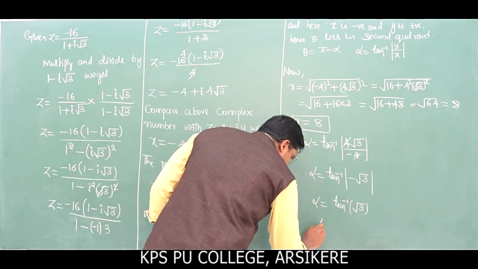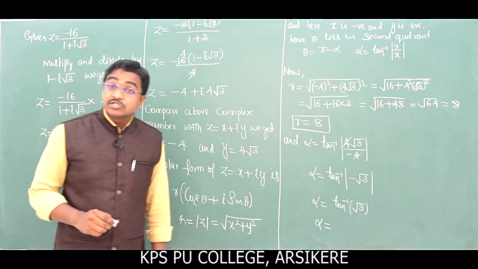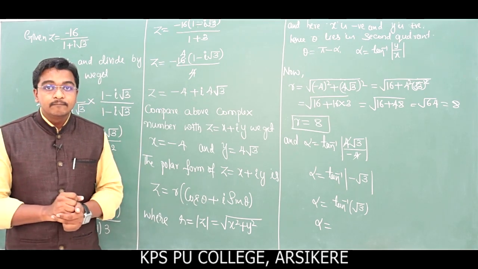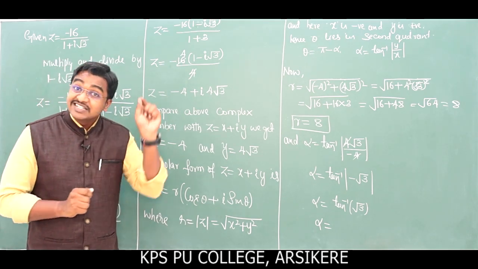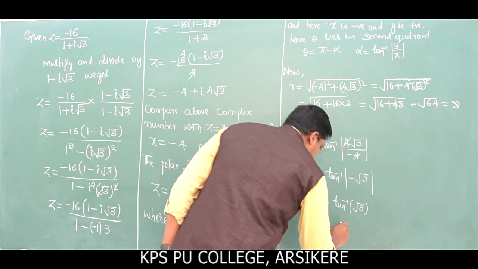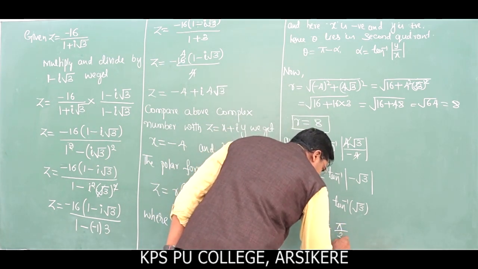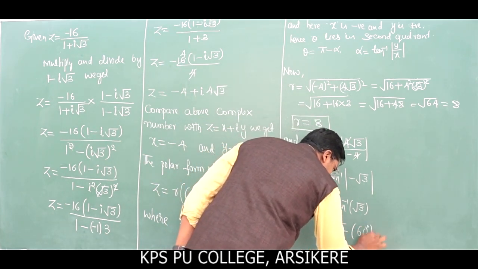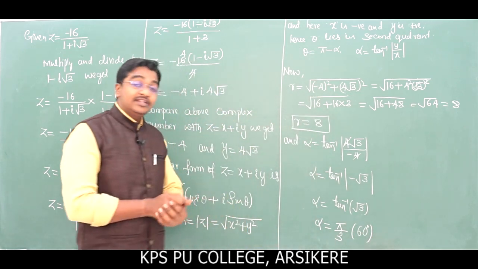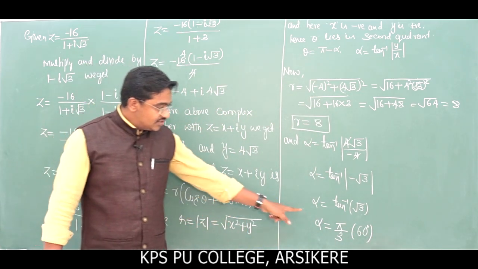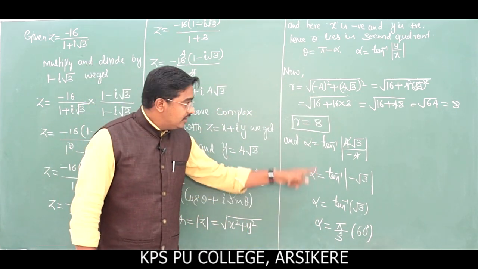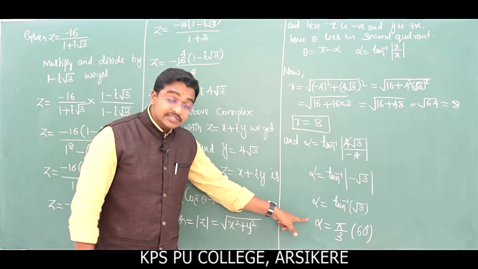When tan becomes root 3, for which angle? That is 60 degrees, which is pi divided by 3. That is alpha. Here we obtain the values of r as well as alpha.